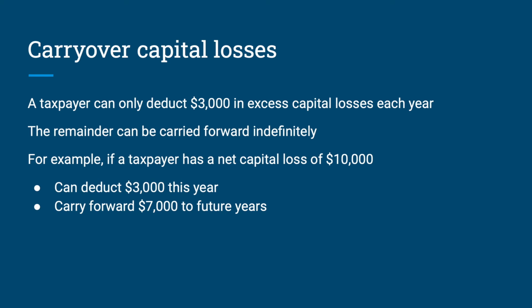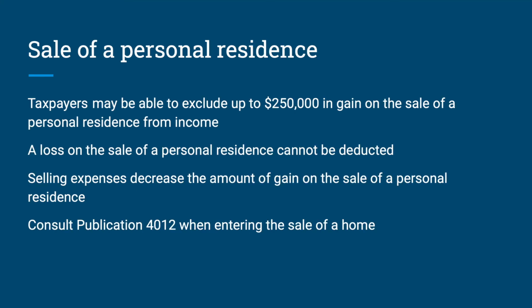It's also important to note that the word net in net capital loss illustrates that this is not the total amount of capital losses. Rather, this is what is left over after capital gains and losses are netted together. They got a net capital loss here of $10,000. So again, they can deduct $3,000 of that this year and they would carry forward the $7,000 to future years.